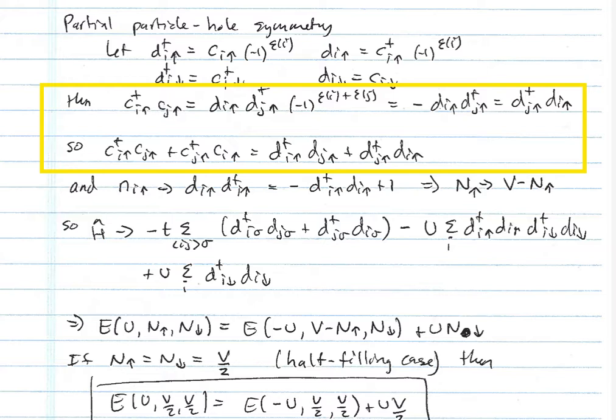Well, for the up spins, the c i up becomes d dagger i up, and the c j up becomes a d j up. I have to interchange the order of those two, which would give me a minus sign, but I also get another minus sign because there's a minus 1 raised to the epsilon of i plus epsilon of j, and so those two minus signs are going to cancel, and that gives me that the sum over both of those terms is preserved under this transformation.